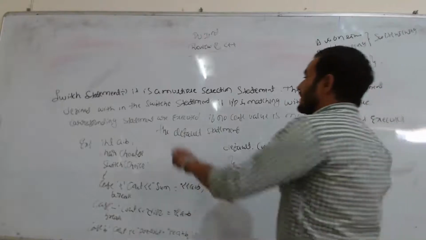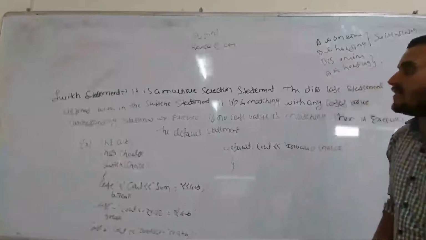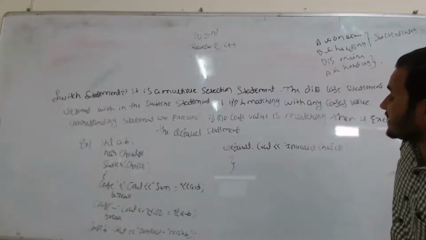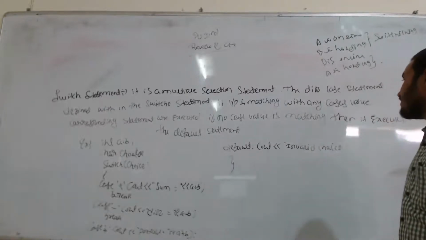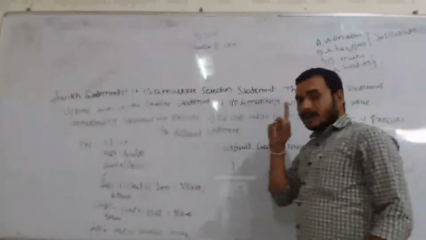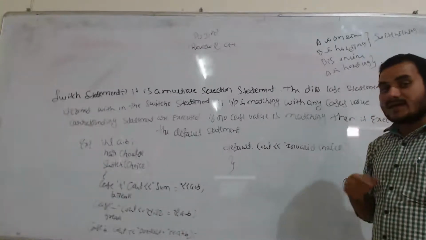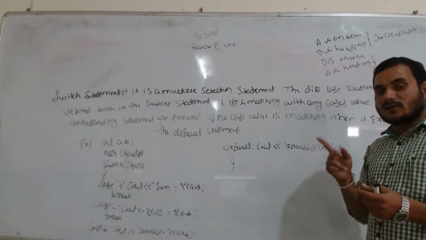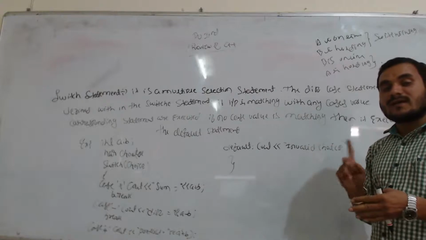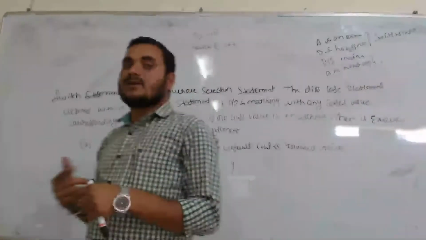So in other words, it is a multiple selection statement, where different case statements are defined within this switch statement. If the input is matching any case's value, the corresponding statement is executed. Once one case is selected and executed, the remaining corresponding statements get executed. It could be addition, subtraction, multiplication, or division.